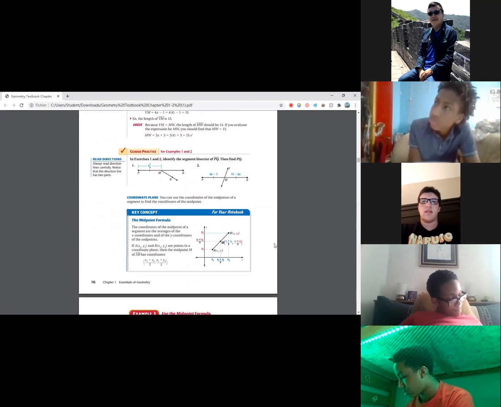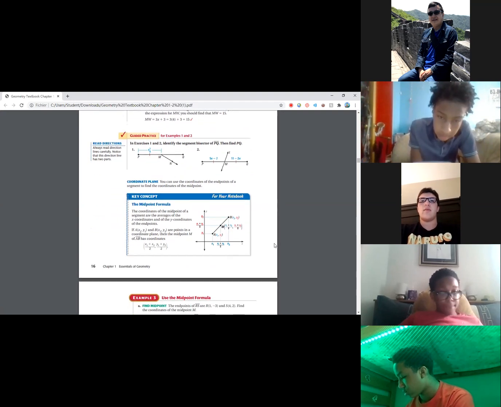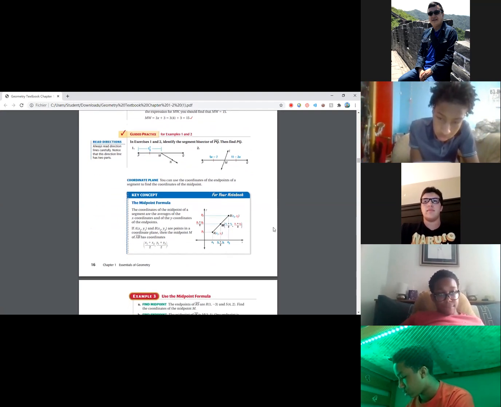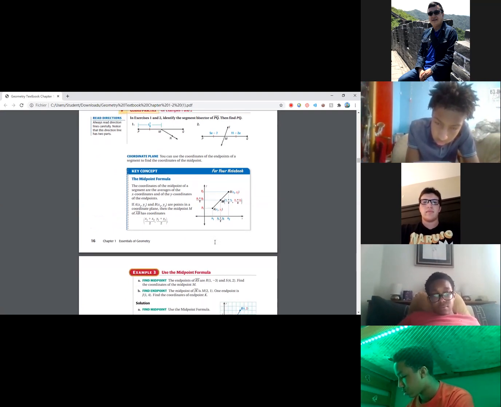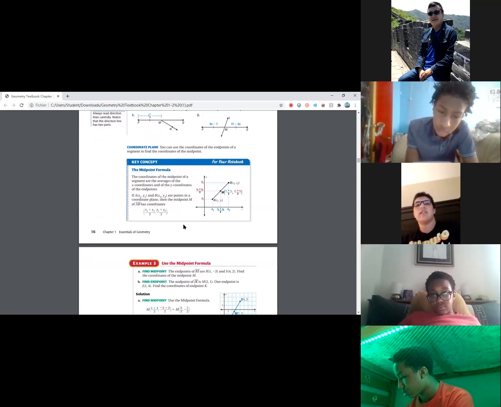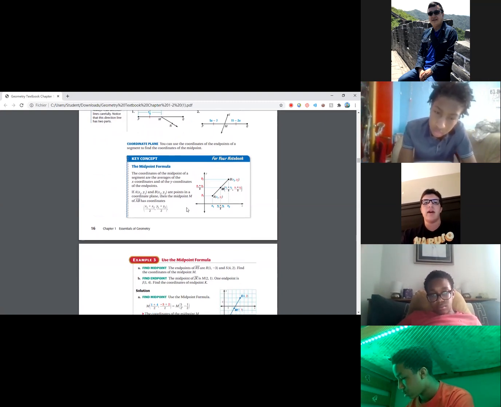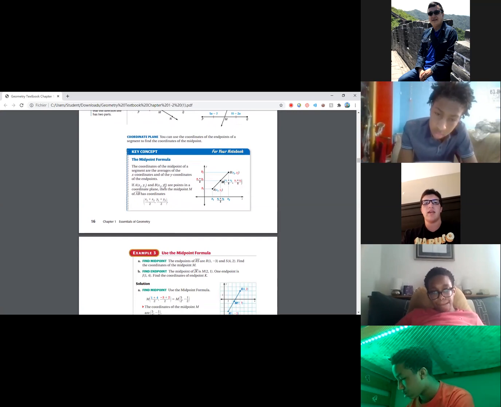Okay, then let's see. Do you guys know what the coordinate plane is? Yeah. It's the plane that's graphed with the X and Y axes. So now it's talking about the midpoint formula. It says the coordinates of the midpoint of a segment are the averages of the x coordinates and of the y coordinates of the endpoints. So here they give you a formula.